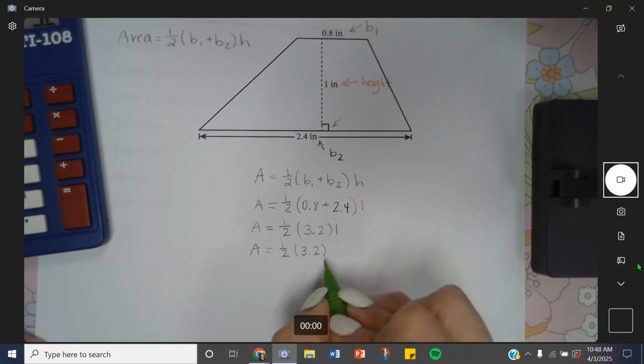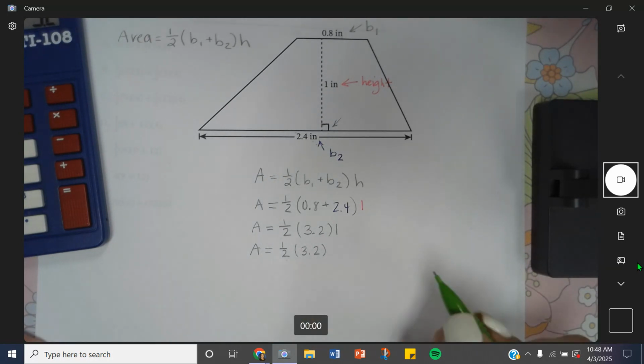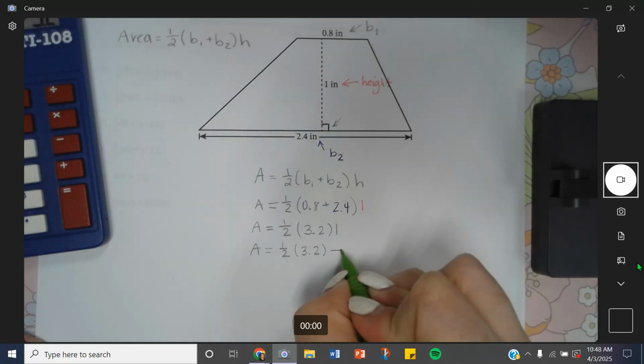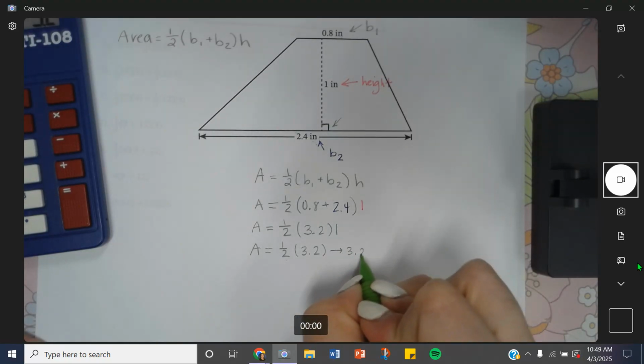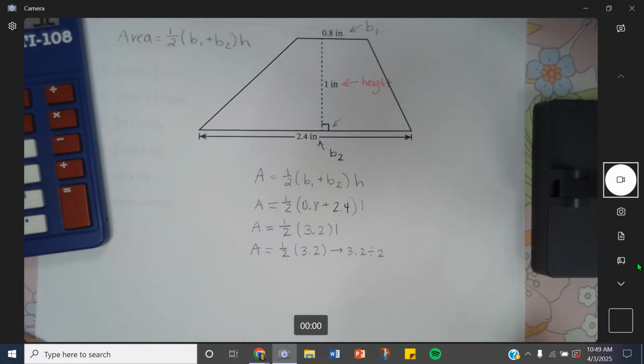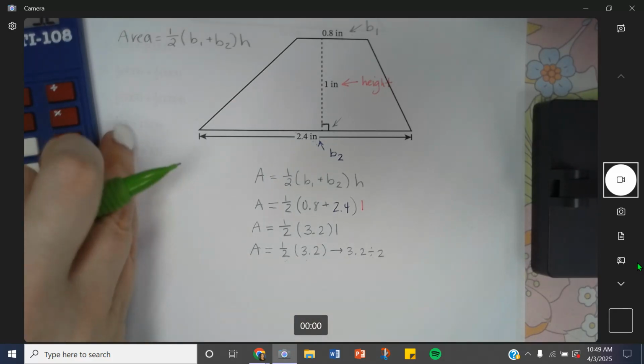So we know from finding the area of a triangle that when we get to this step, we're going to do some division. So I'll do 3.2 divided by 2. Because if you take 1/2 and you put it in your orange calculator as 1/2 times 3.2, you won't get the answer. So when we get to this step, we flip-flop it to division.